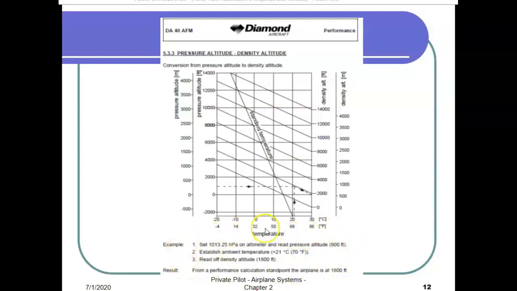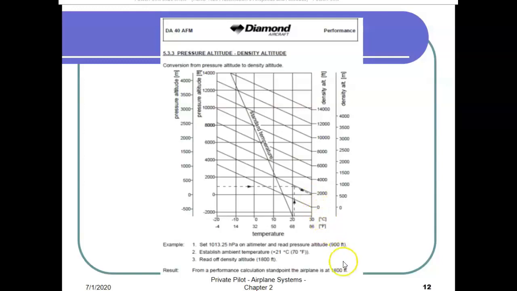They start out with a pressure altitude of 900 feet, and they draw a straight line from 900 feet pressure altitude over to the temperature of 21 degrees C. And where these two lines intersect, they begin following this line parallel down to the next reference line. And at that point you can see the density altitude.